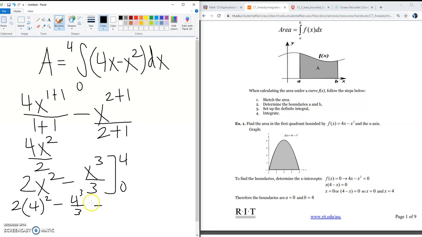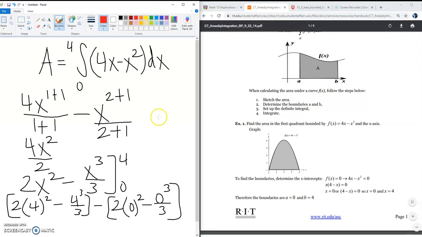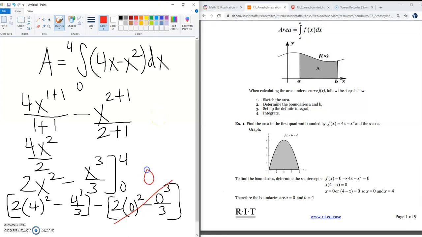And per the fundamental theorem of calculus, part 2, we need a minus sign in between our substitutions. And second time around, everywhere we see an x, we'll plug in 0. Well, that entire second part goes to 0. 4 squared is 16. 16 times 2 is 32. 4 cubed is 64 over 3.